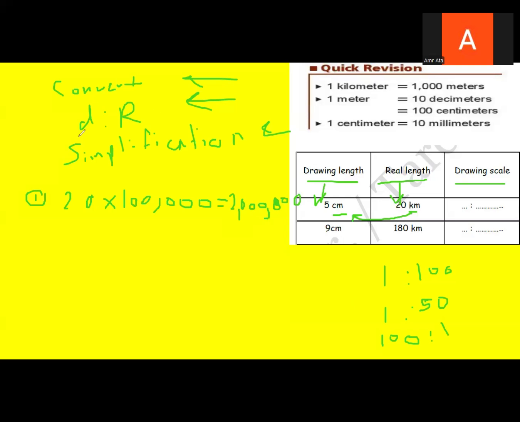After I convert, draw to real. It means the length in draw and the length in real. The length in draw here is 5. The length in real here is 20, but I convert it to 2 million. I convert 20 by times it by 100,000 to 2 million. So 20 kilometer become 2 million. So I write 2 million.